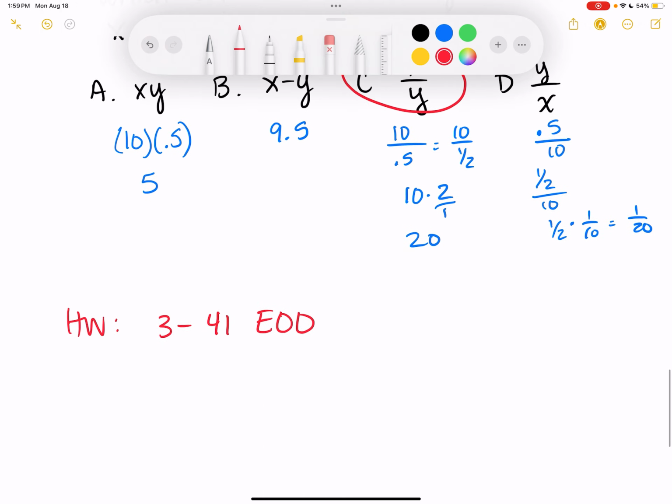All right, your problems are 3 through 41 every other odd. So I'm going to write out, normally I will not write out for you exactly what that means.